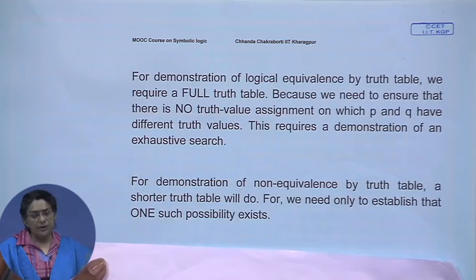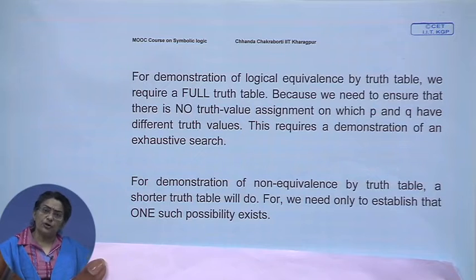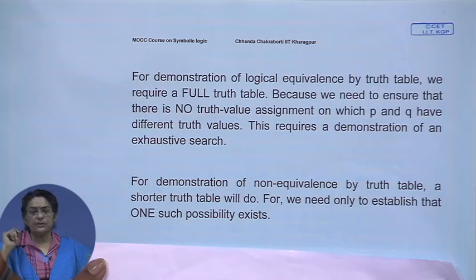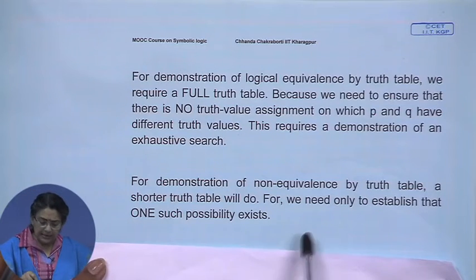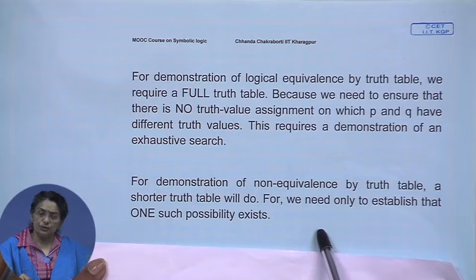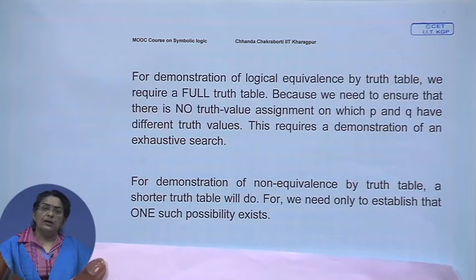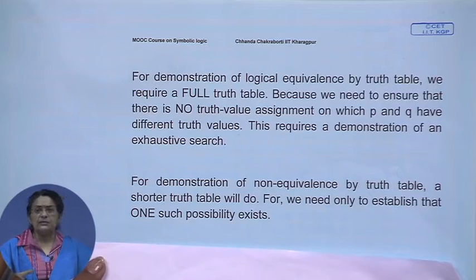Whereas, for the demonstration of not logically equivalent, you are going to require the shorter truth table technique, which we have covered in the previous module. It demonstrates that there is at least one such possibility, and that is exactly what you need to show that any two given propositions P and Q are not logically equivalent. When you understand it, it is pretty simple.